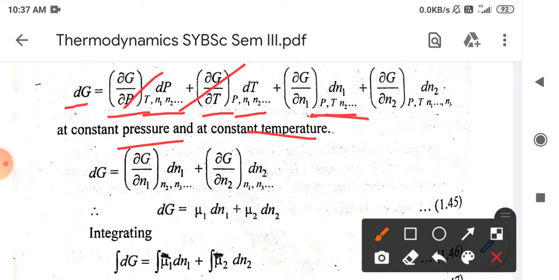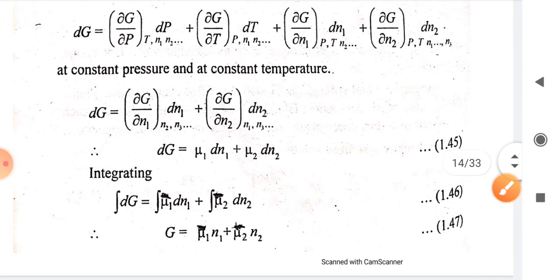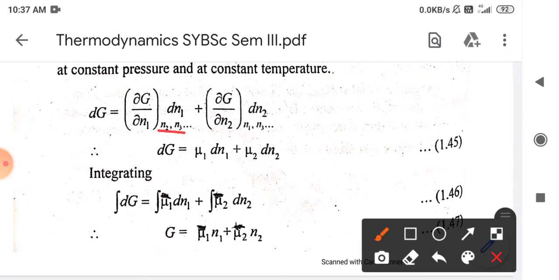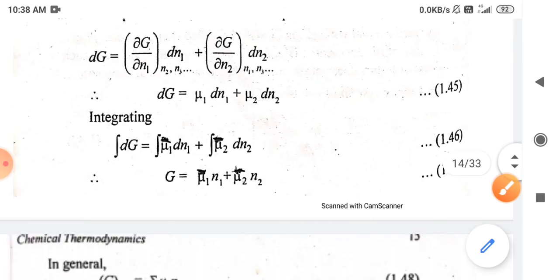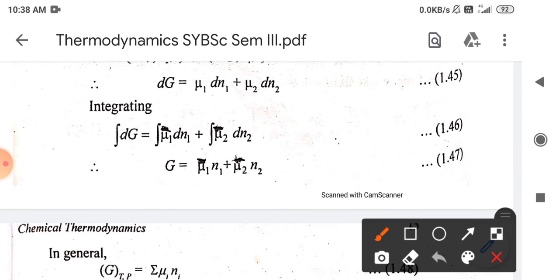So we are left with only dG upon dn1, keeping the other numbers of moles constant, plus dG upon dn2, keeping the other numbers of moles constant. So simply we can write dG equals mu1 dn1 plus mu2 dn2. So upon integration of this equation, we can simply say that G equals mu1 n1 plus mu2 n2.